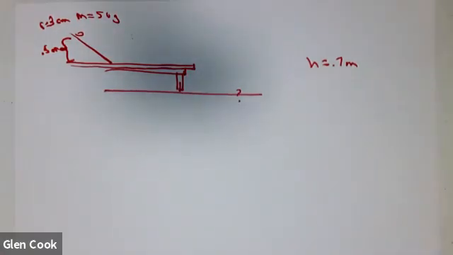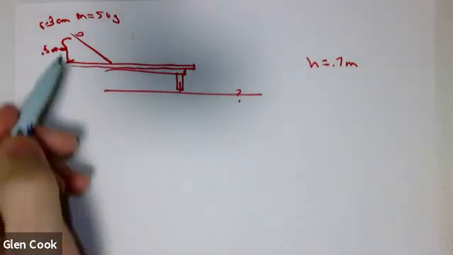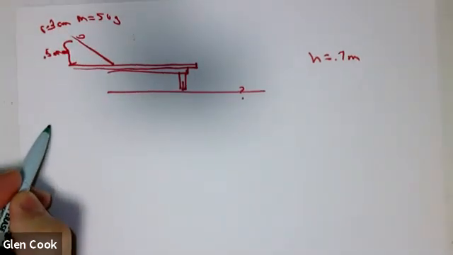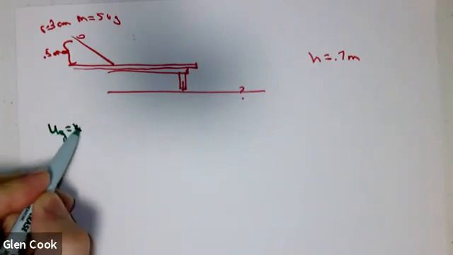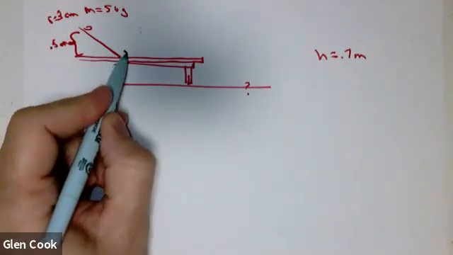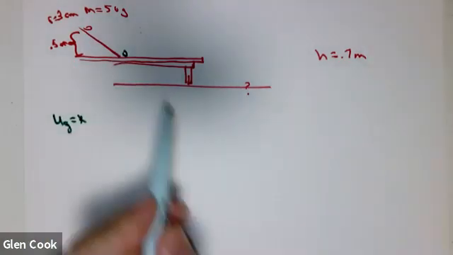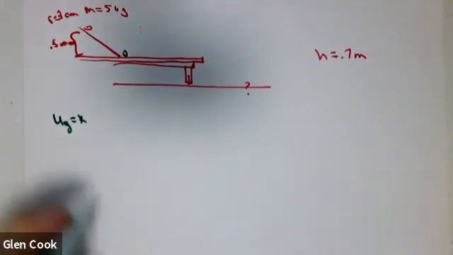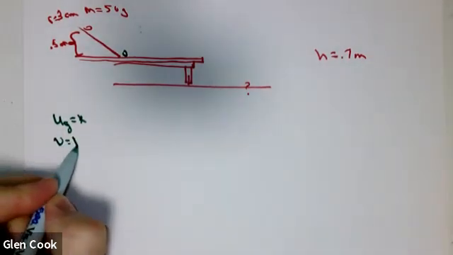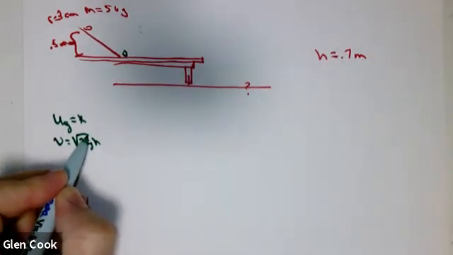Now, before we knew anything about rotation, you would just take the old school approach: U gravitational at the top equals kinetic energy at the bottom. We find the kinetic energy of the ball right there, and we use that to find the velocity. So velocity would be the root of 2gh.